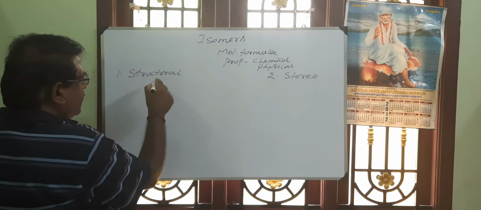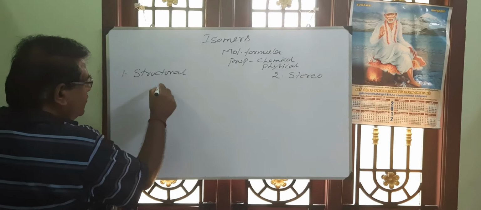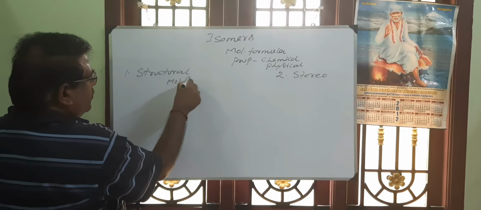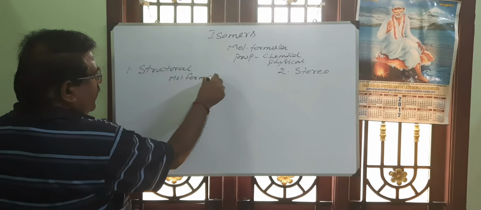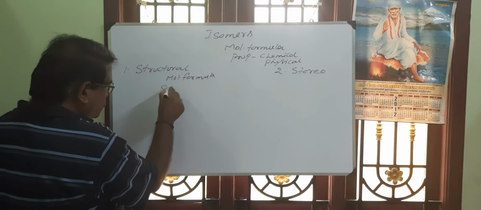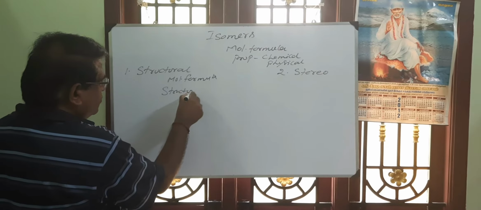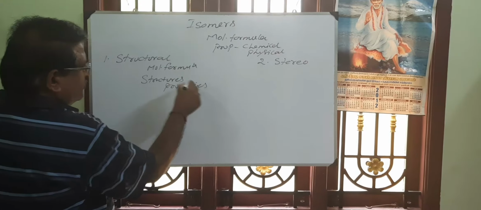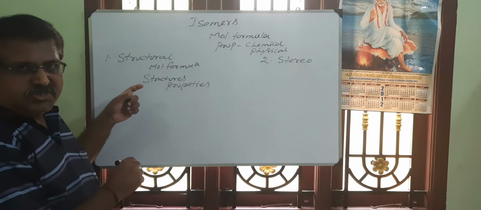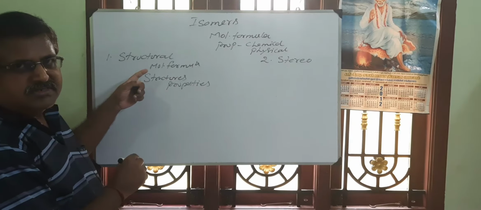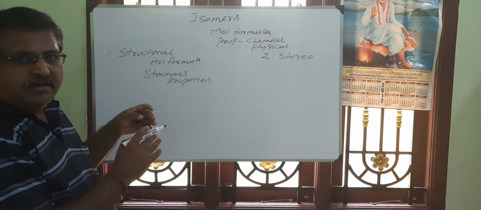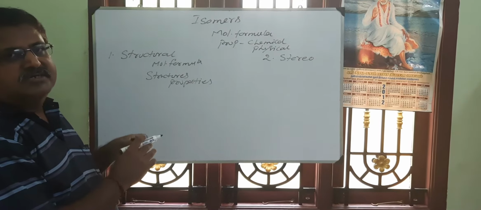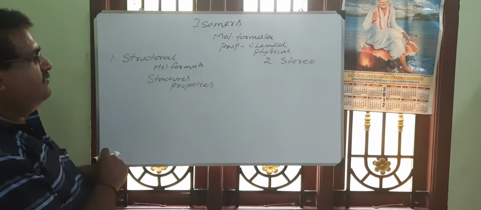Structural isomers are isomers having identical molecular formula but differing in their structure and properties. The difference in the structures of structural isomers is very obvious from their two-dimensional structural standpoint itself.